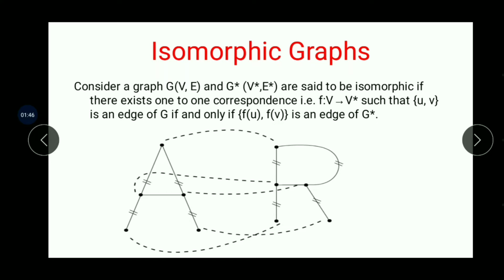So two graphs are said to be similar or isomorphic. Like in triangles we say congruence, isomorphism is similar to congruence.